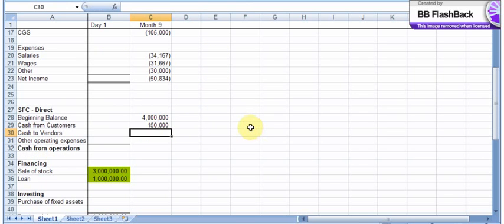The next line is cash to vendors. Well, our cash to vendors happen to be the amount of money that we spent on those shoes. We purchased $1,001,000 worth of shoes. So this number, and this is an expense, this number will equal minus 1,001,000.